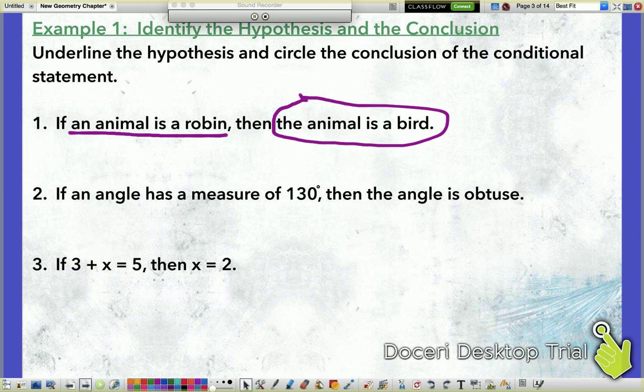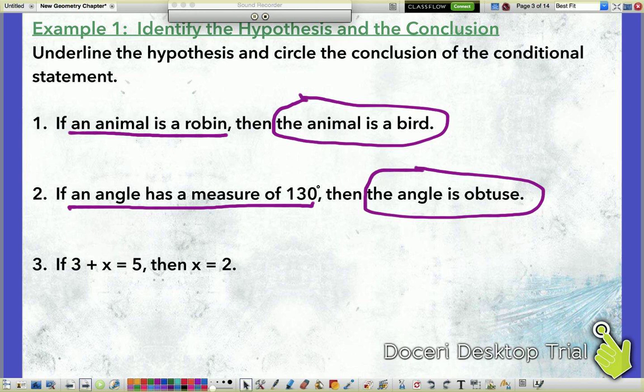Okay, next one, if an angle has a measure of 130 degrees, then the angle is obtuse. Okay, so again, an angle has a measure of 130 is our hypothesis. Okay, the angle is obtuse is our conclusion.